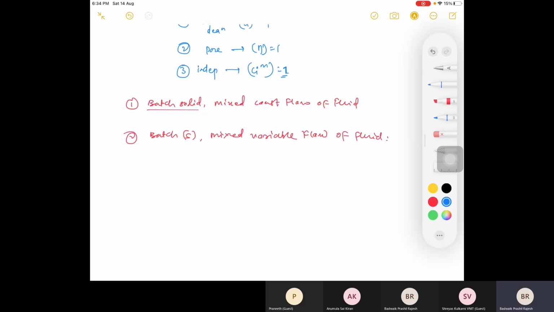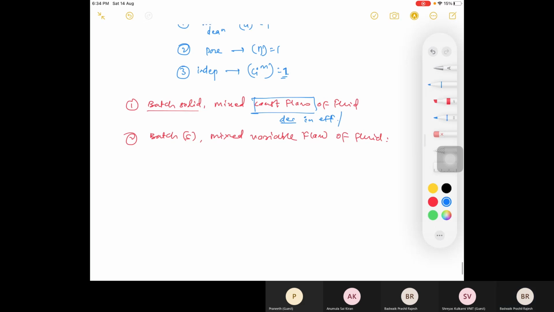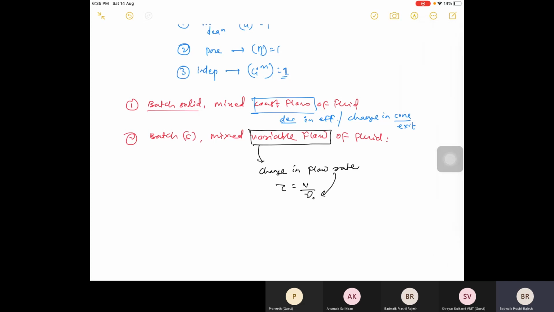In constant flow, there will be a decrease in efficiency. A decrease in efficiency means there will be a change in concentration at the exit. And if there is variable flow, this is case 2, where there will be a change in flow rate. You know tau is equal to V divided by volumetric flow rate, and if the volumetric flow rate is changing, there will be a change in tau.